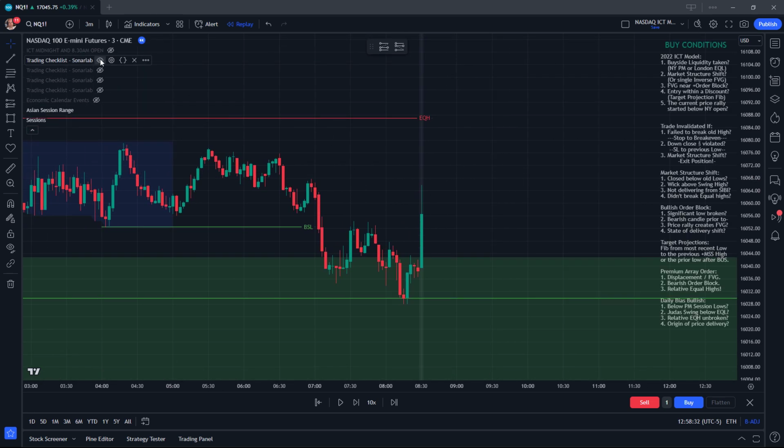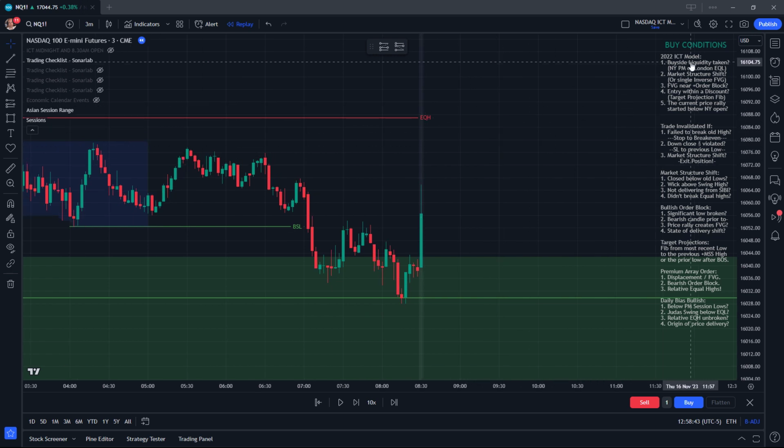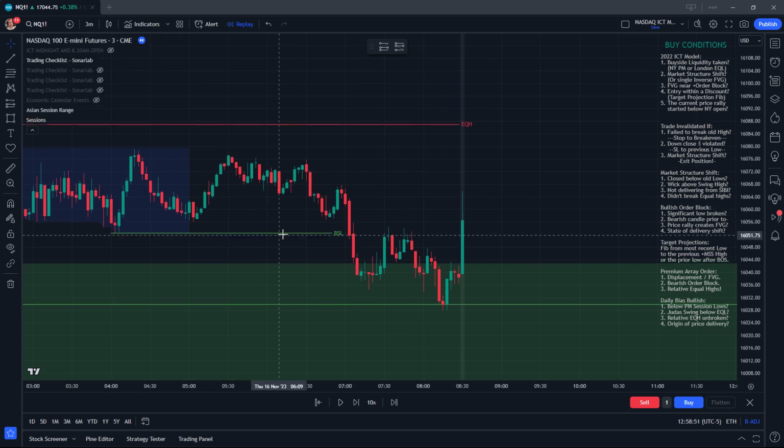So let's look at it through the lens of our 2020-2022 model. Okay, we have buy side liquidity taken. Yeah, we definitely have that happening here. We have a market structure shift happening here.